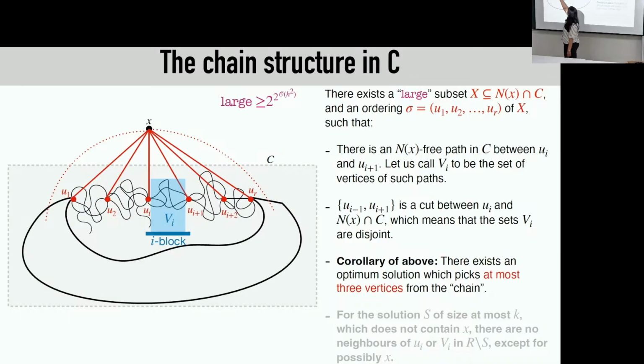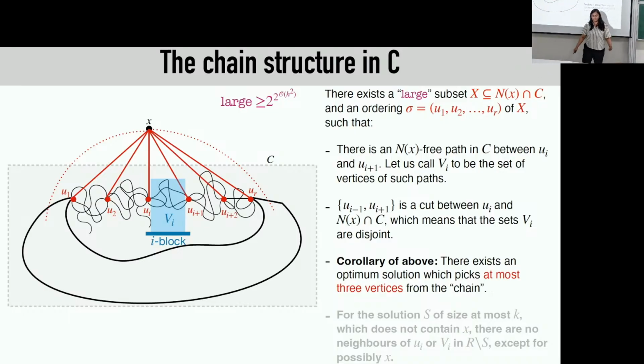The neighbors of X are denoted by these red vertices. What this lemma says is that if X has lots of neighbors in C, then there exists a subset of those neighbors, and that subset is still large, which can be arranged like this.